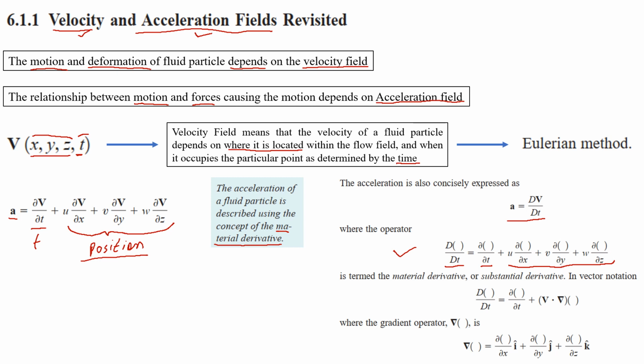For that partial change with respect to position, we also needed the components of our velocity. That is why we also said that the velocity field is important, because to study any fluid property we need to have the velocity field.